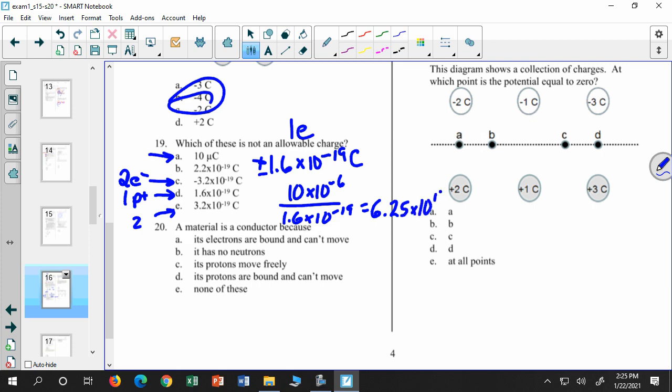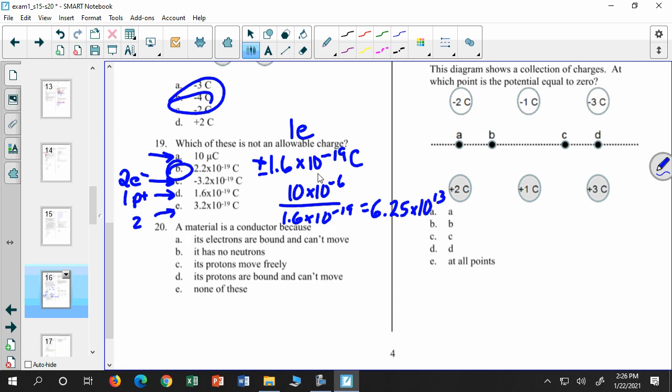Is that an integer? It has a decimal point in it, though. Are you sure? It's 6, 2, 5, and 11 zeros. Right, that is an integer. So that's just a whole bunch of protons. So it's not A. It has to be B, which is like 1 proton plus 0.6 protons or whatever, a little bit more.